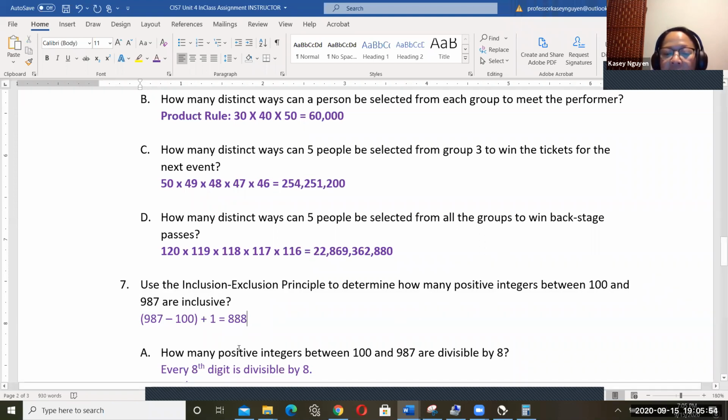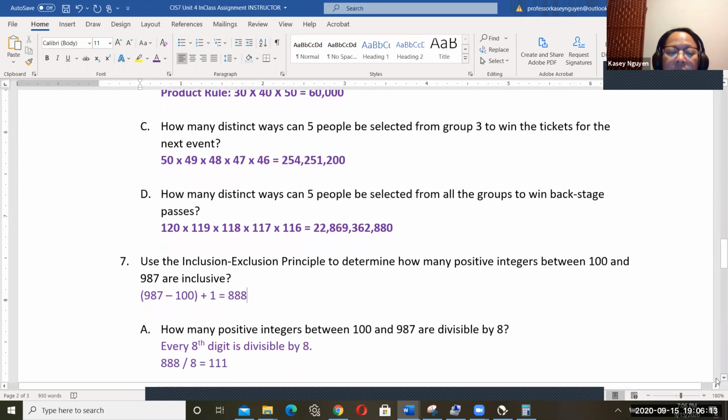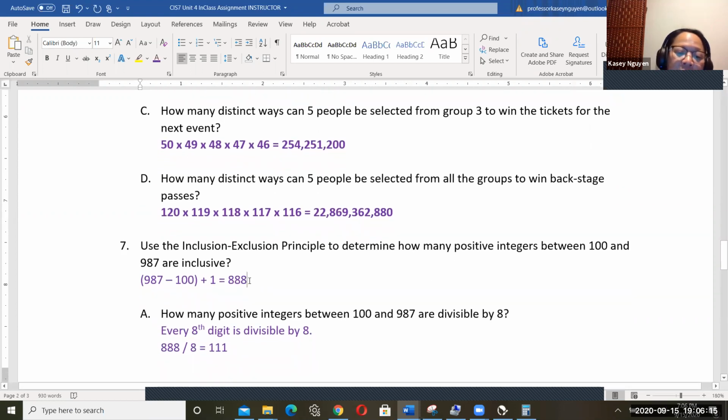Then for A, it asks you how many positive integers between 100 and 987 are divisible by 8. So we know that every 8th integer is divisible by 8. So we simply take 888 divided by 8, which gives us 111.